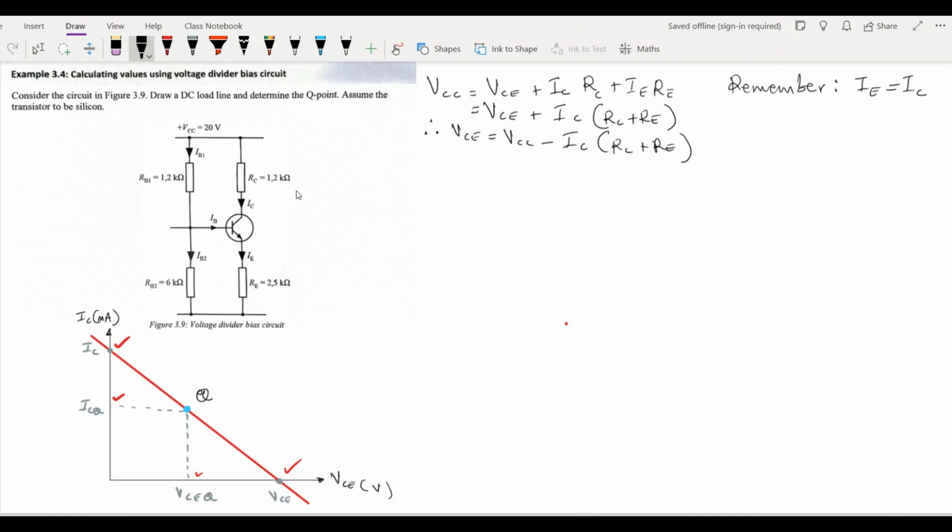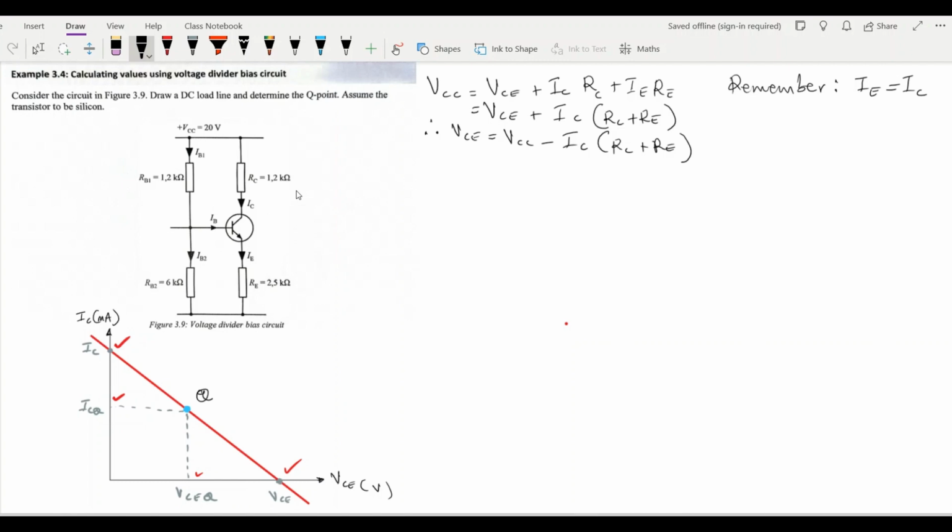Now, when this graph cuts through the x-axis, it means that here our coordinates will have the value of y equal to 0, and the value of y is IC.